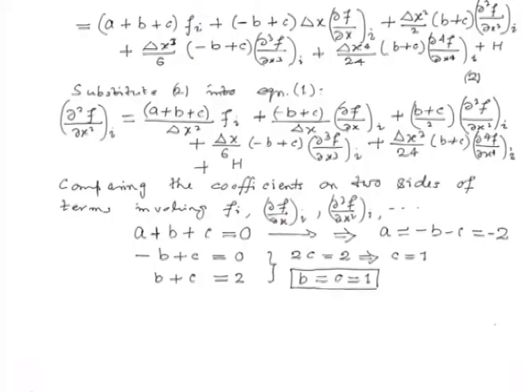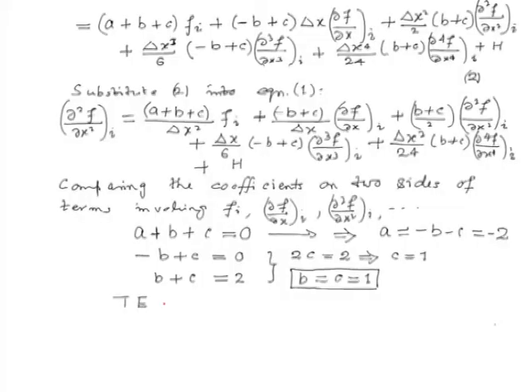What happens to the truncation error? So truncation error, let's see on the right hand side the terms which involve the higher order derivatives. The term containing the third derivative has got minus b plus c. B and c are equal, so this term vanishes.